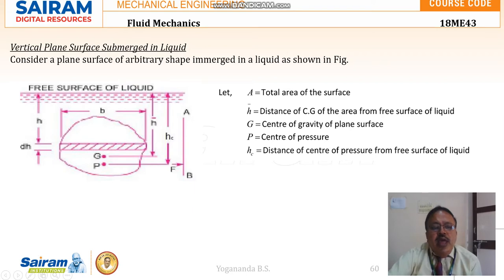To get the total pressure force, we take the help of an elementary area. We will find the pressure force acting by the surrounding fluid on this elementary area, then integrate the expression to get the total pressure force acting on this entire body submerged inside the liquid.